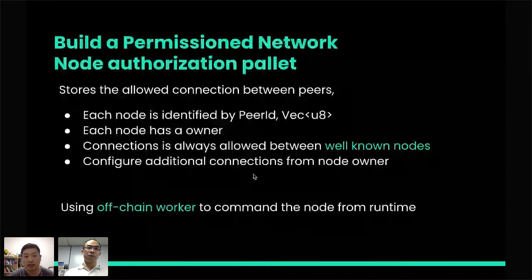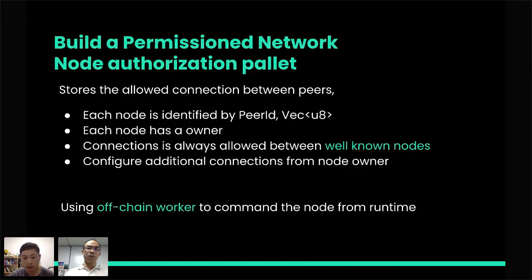This pallet uses an offchain worker to command your node from the runtime. Since the allowed connection is defined and stored in the blockchain state, but the node has its own perspective, right? Then you need a bridge to make this possible, which is the offchain worker here.